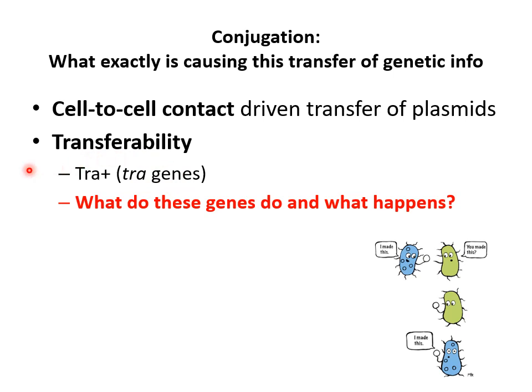And what happens is these genes will code for that donor cell, that cell that has the fertility plasmid, we could call it F positive. That donor is now able to form what's called a sex pilus, which is like a lasso to bring the cells together, to pull a recipient close to it, and then the TRA genes also code for that sex pilus to become a conjugation bridge to transfer the DNA to the recipient cell.